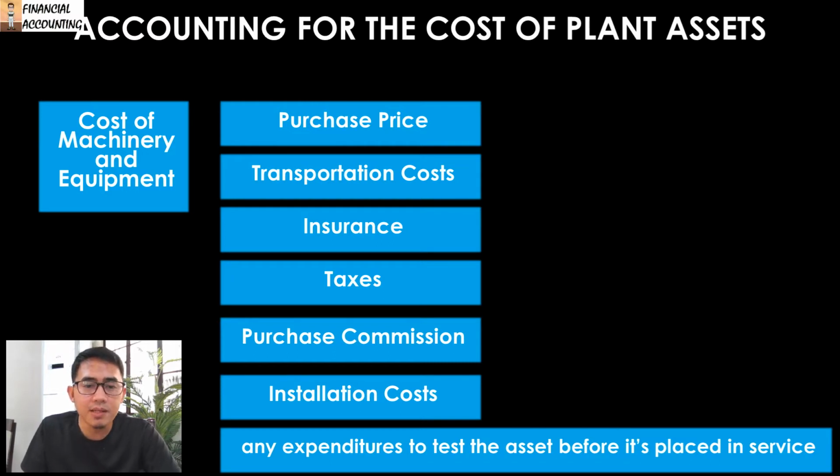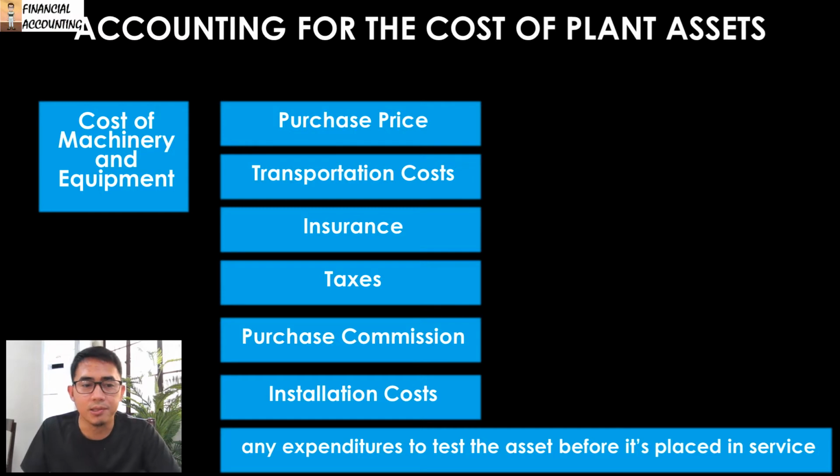Insurance, taxes, you have value added tax that should be included in the cost. Purchase commission, if there are any. Installation cost, if there are expenses when you purchase the computer, like for example you paid somebody who installs the computer, because you don't know how to connect the wires, since there are certain component units in a computer.